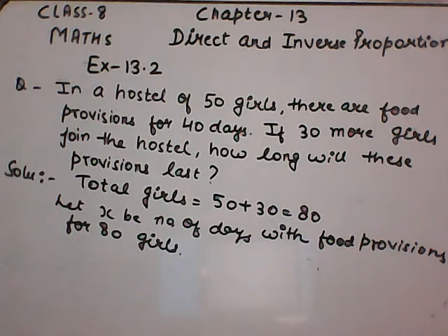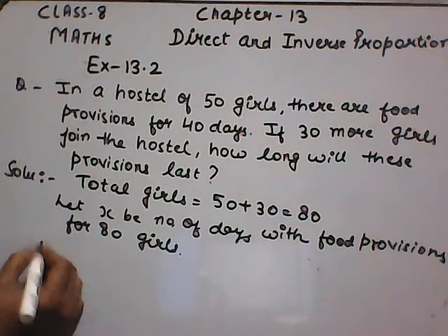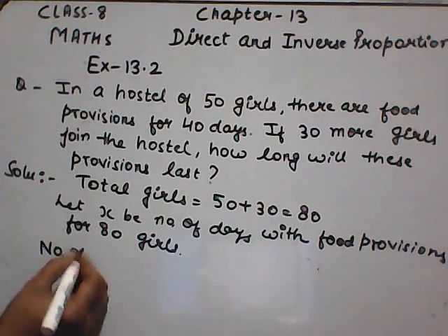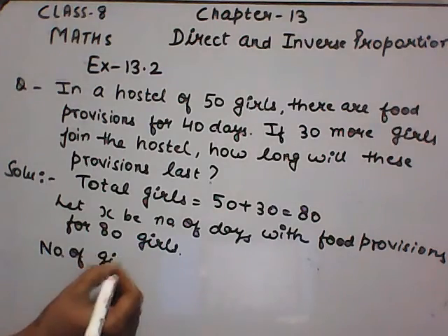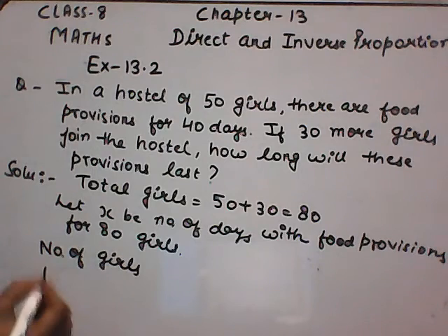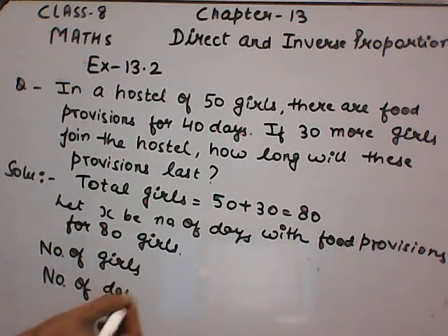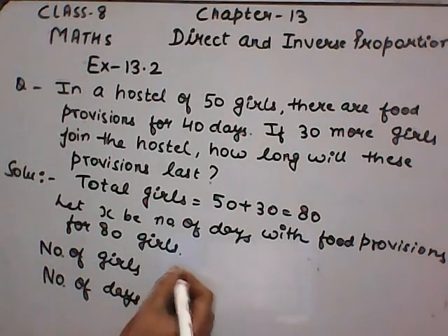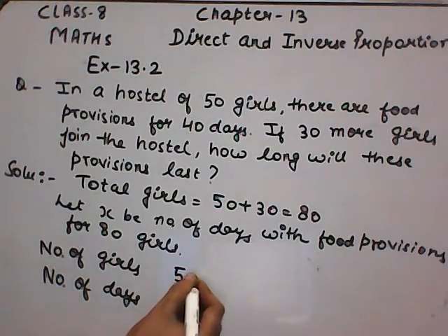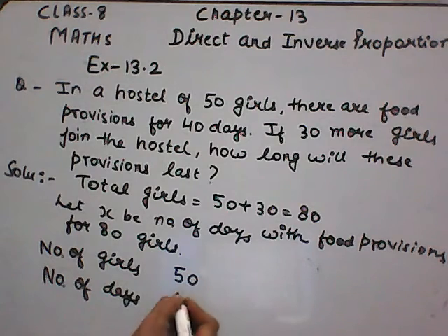Now here number of girls and number of days are given to you. As the number of girls increases, number of days decreases. If there are 50 girls in a hostel, then the food provision lasts for 40 days.